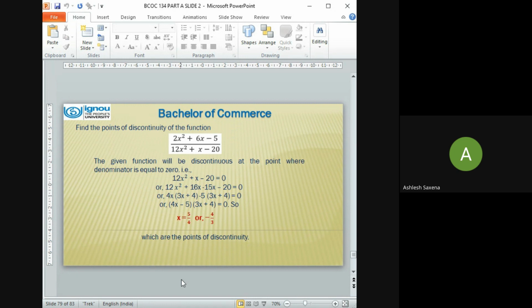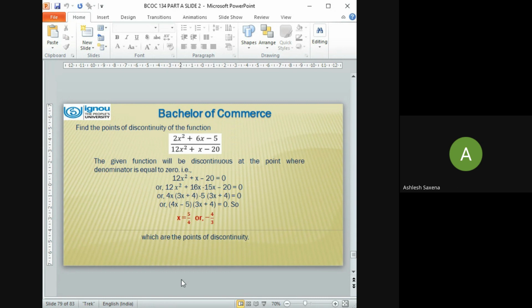Take 4x common, the first bracket will be 3x plus 4. Now take minus 5 common, the second bracket will be the same, 3x plus 4, equal to 0. Take 3x plus 4 common, and the other bracket you will get is 4x minus 5. You will get the value of x equal to 5 by 4 and minus 4 by 3.